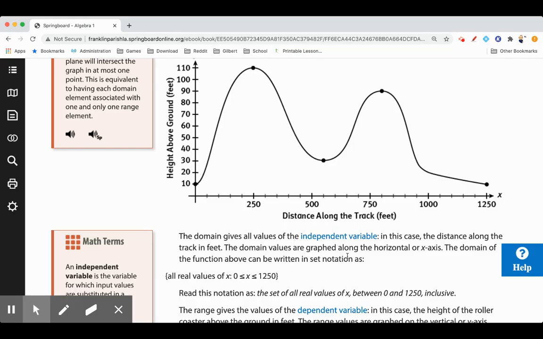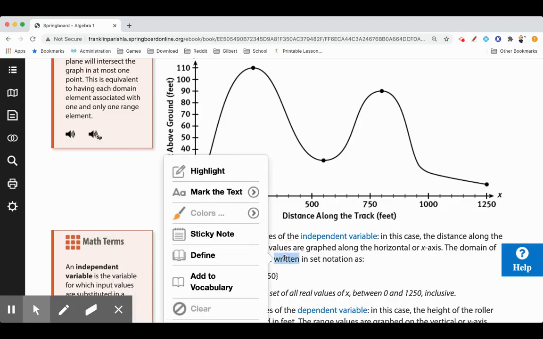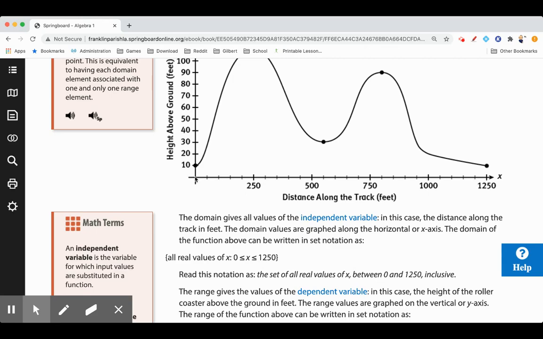Domain is usually graphed along the horizontal or x-axis, and we can write the domain for this one from where it started, 0, to where it ended, 1250. And so the domain is all real values of x, all the x values that are on this graph that make sense, 0 to 1250.